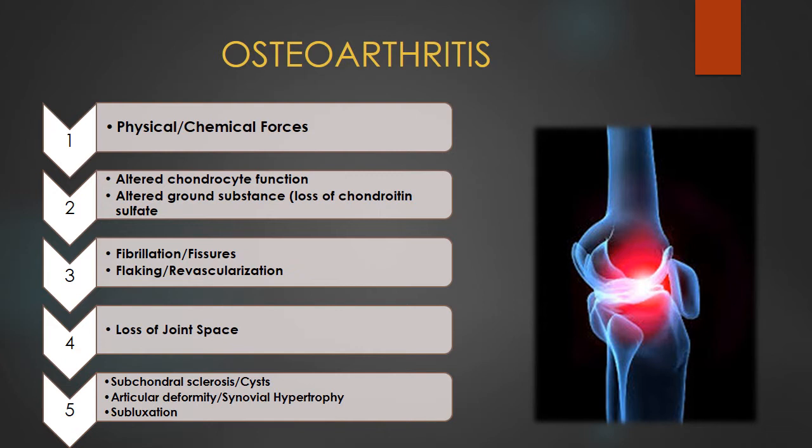Well, that is beyond the scope of this discussion, but suffice to say for our purposes that when we see altered chondrocyte function, the chondrocytes start to slow down their production of extracellular fibers and also extracellular matrix, which we refer to here as the ground substance.